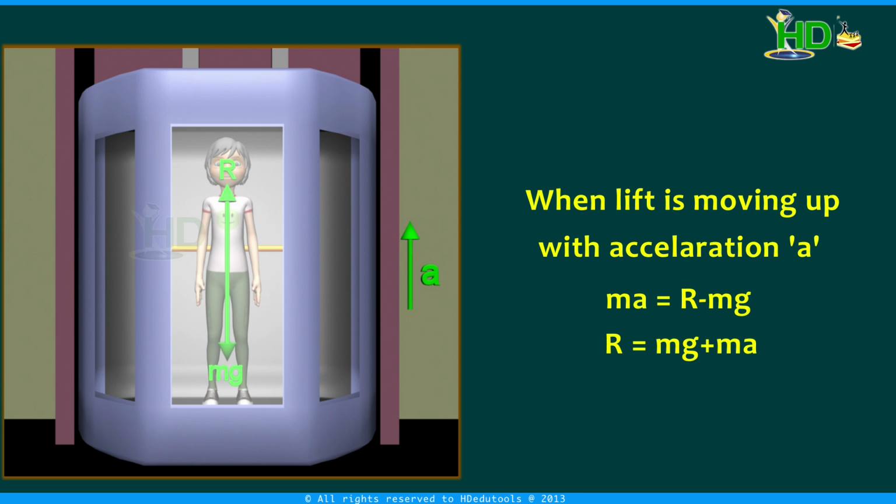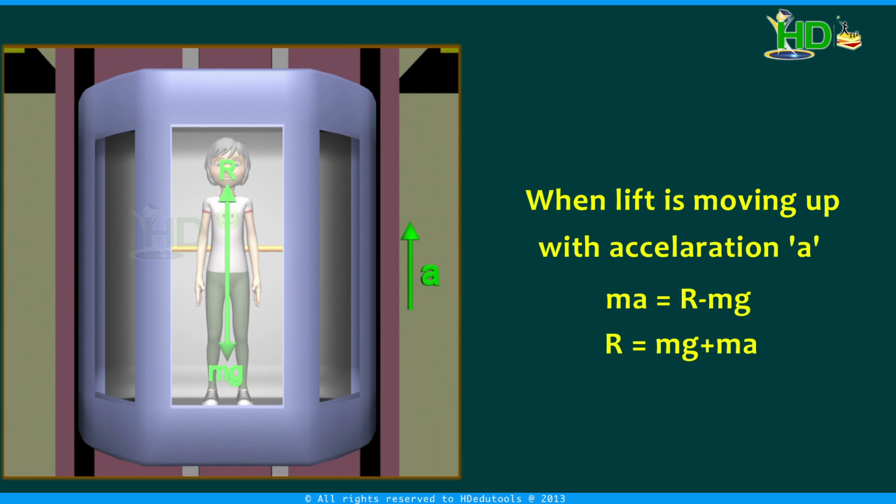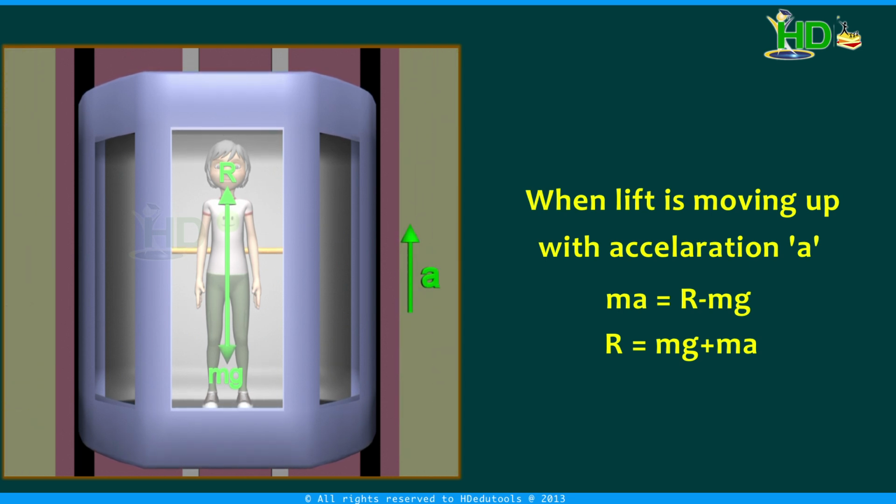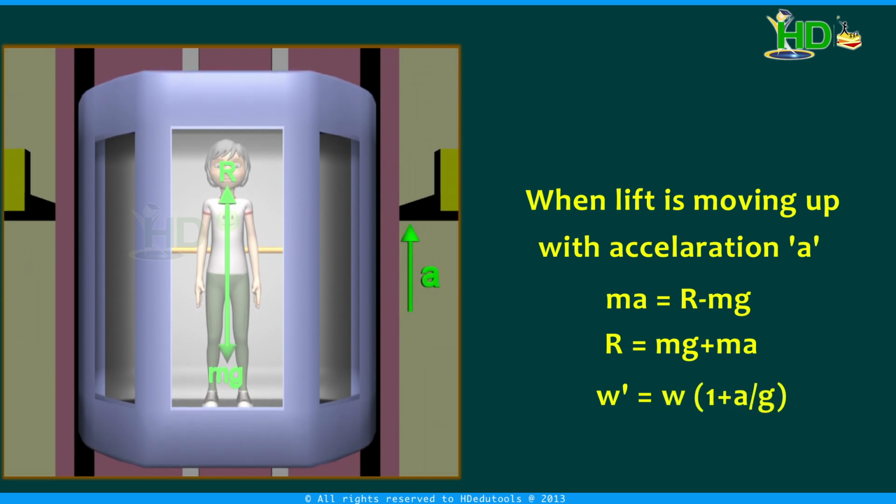This is the apparent weight. That means when the lift is moving up with acceleration a, the apparent weight is more than the true weight. In this case, the apparent weight W prime is equal to mg plus ma. This is nothing but W into 1 plus a by g, where W equals mg is the true weight.